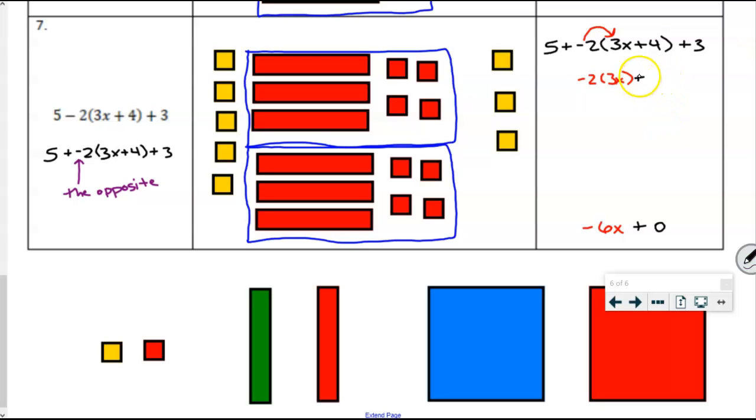And I don't just have 2 groups of 4, I have negative 2 groups of 4, or the opposite of 2 groups of 4. Not doing any changes here, so that comes straight down. Don't want to forget about it. Not doing any changes here, so that comes straight down as well.